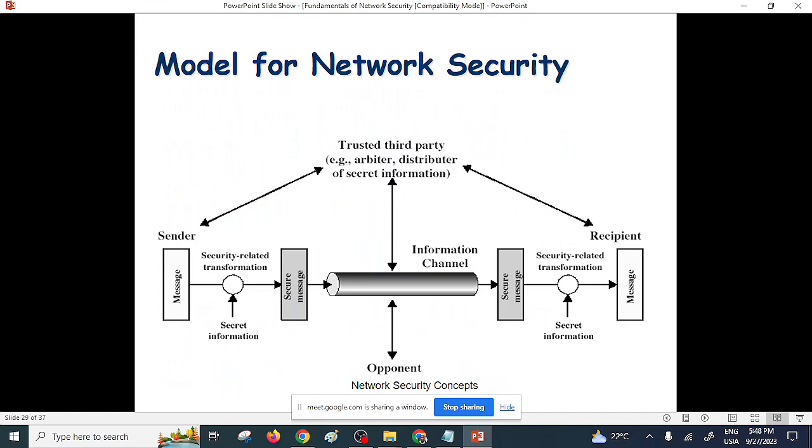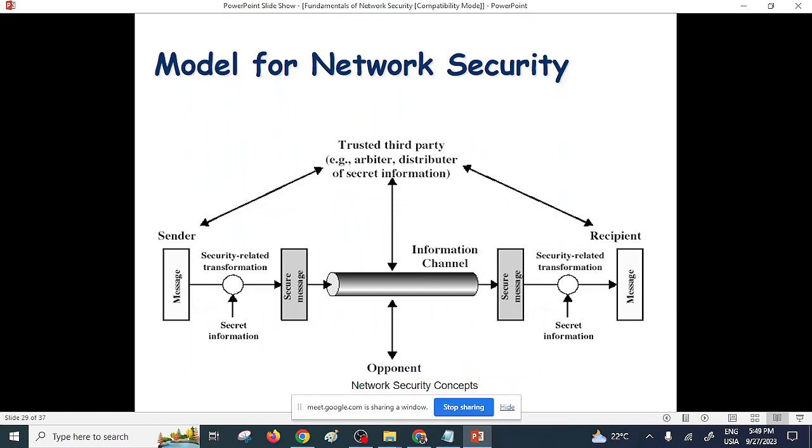Now, when you are looking at a communication within the network, this is a model that shows two devices communicating, or rather sending and receiving data. So we see the sender sending the information, the receiver sending the information. At the center there, we have the channel. This channel can be used to secure how the data is being transferred, right?